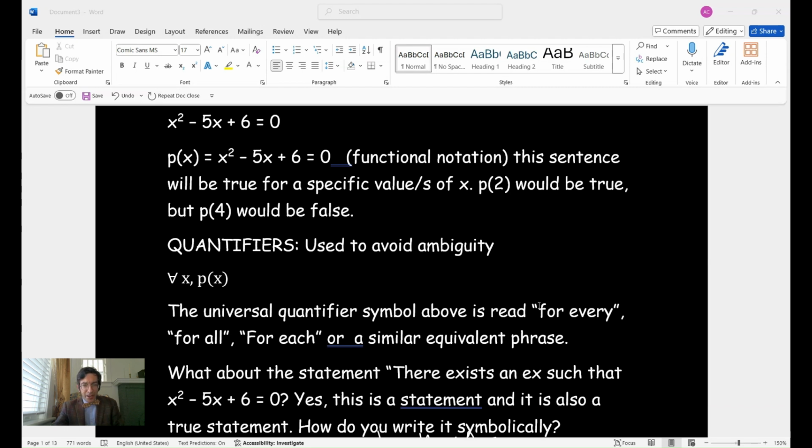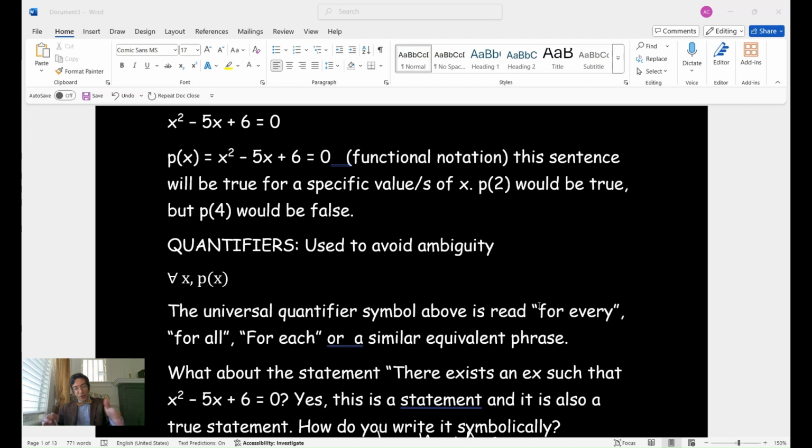Let's talk about this equation here. We confronted in the previous video the disconcerting reality that the so-called sentence x squared minus 5x plus 6 equals 0 is nothing more than a drifter. It lacks meaning until you anchor it in the proper context. Variables refuse to behave if you do not give them a structure, much like unruly children.